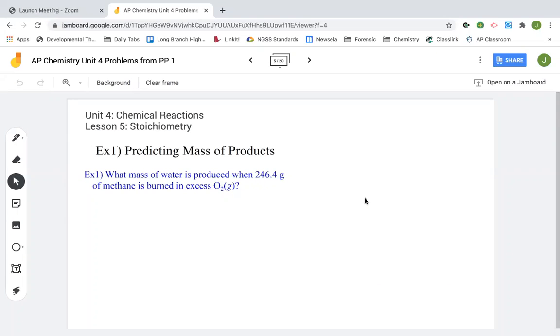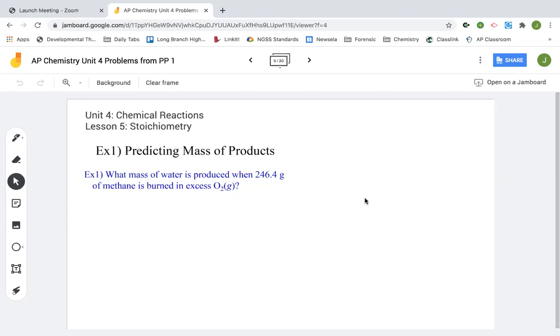So there's a few steps we want to take to solve problems like this. The first step we need to write a balanced chemical equation for the word equation in the problem. In reading the question, it's saying what mass of water is produced.